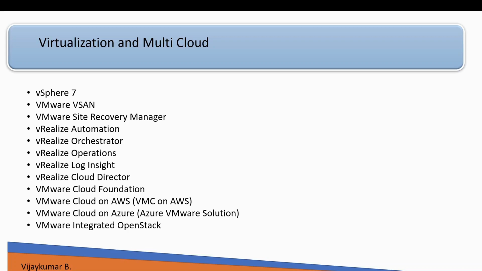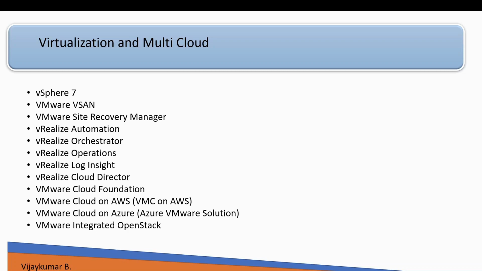One last component which I wanted to cover is VMware integrated with OpenStack. I'm not saying this solution is widely used, but they have an integrated solution with OpenStack where you will be able to use your VMware solution on OpenStack, and there is a detailed video available on the VMware site.